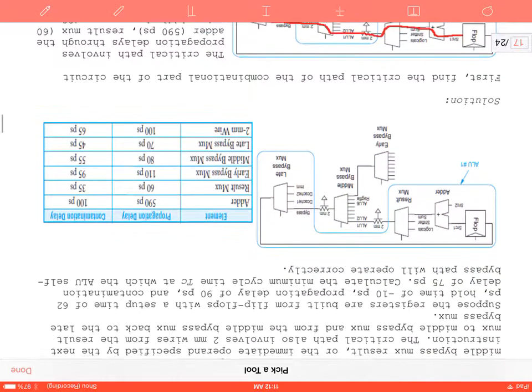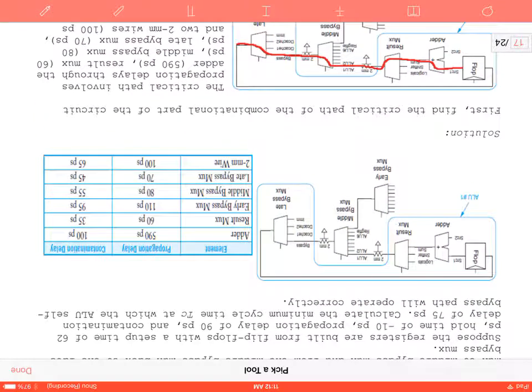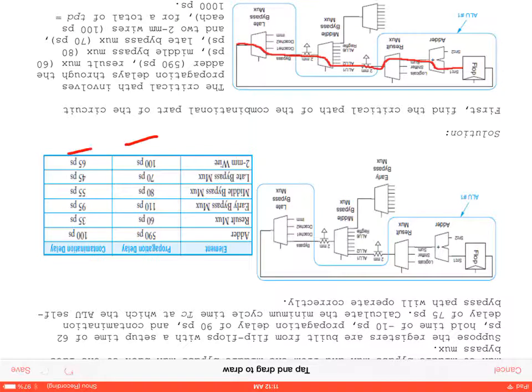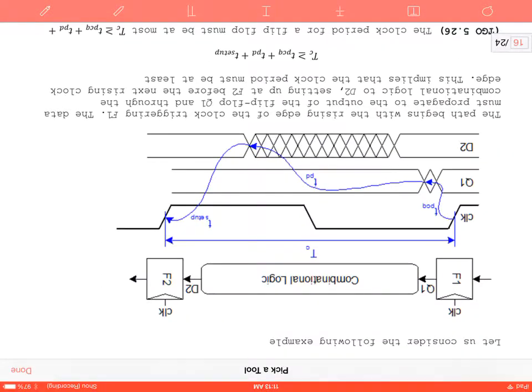So each of these has a certain propagation delay and contamination delay. I'll get to your question in a second, Adam. So the adder, result mux, the bypass mux, and your different wires have different propagation and contamination delays. Based on these equations we presented for the contamination delay and the propagation delay, based on the signals, we were able to calculate these.